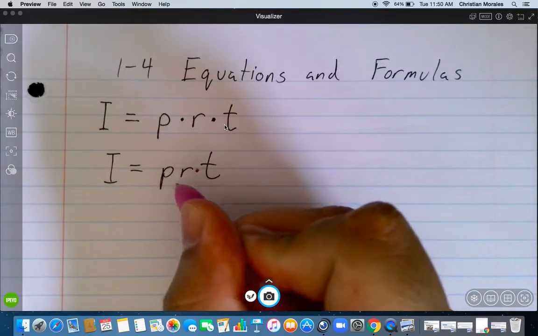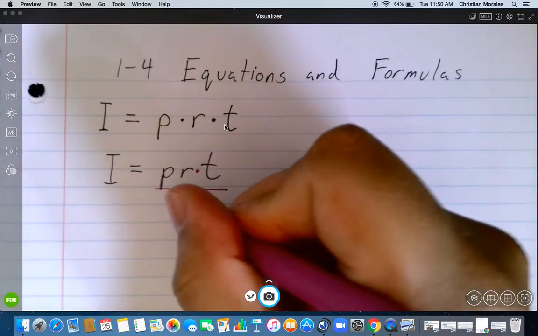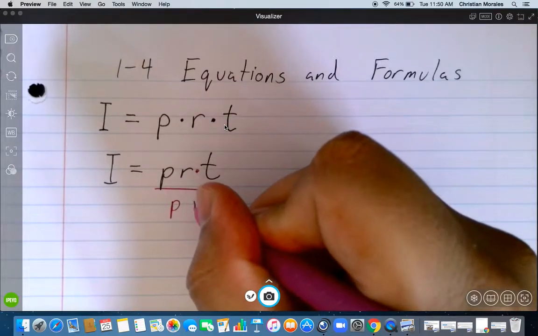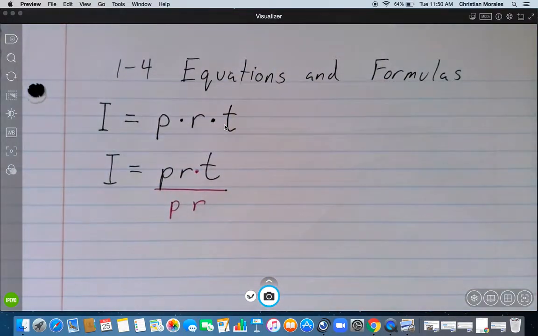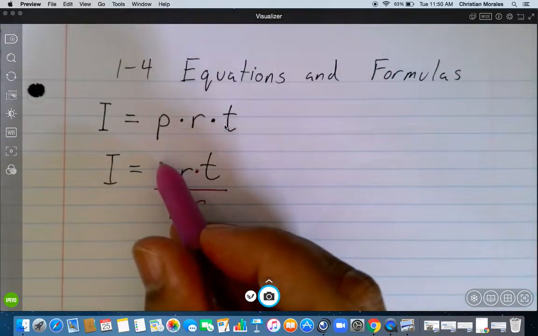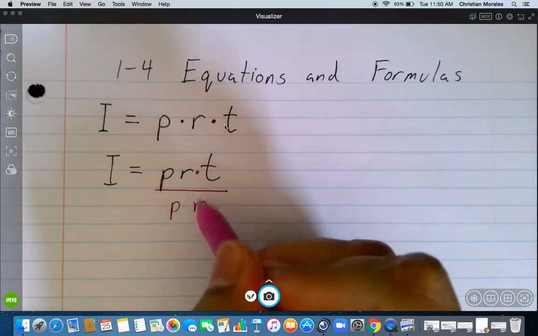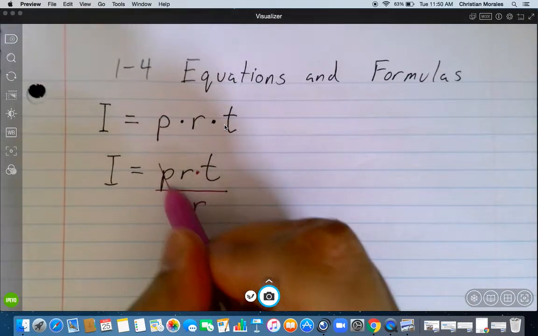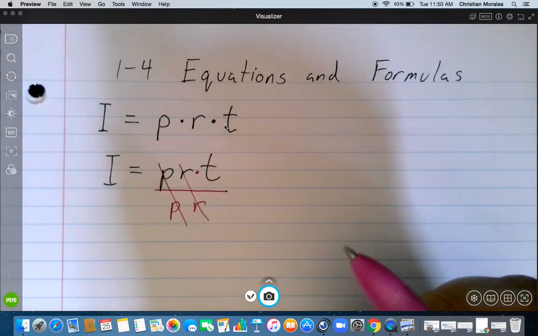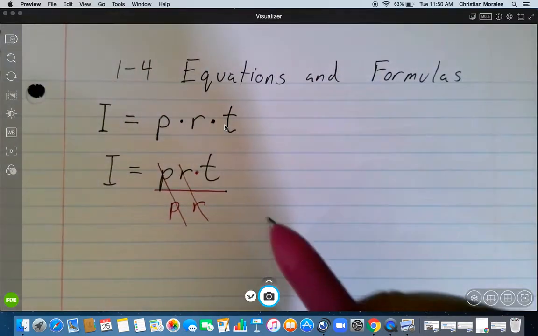So if you want to cancel them out, inverse operation says to divide. And yes, I'm dividing them both at the same time, because the principal will cancel out and the interest rate will cancel out, so the letters will be gone. But remember, this is still an equation, so you have to follow the rules of an equation.